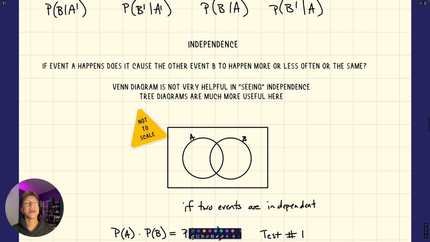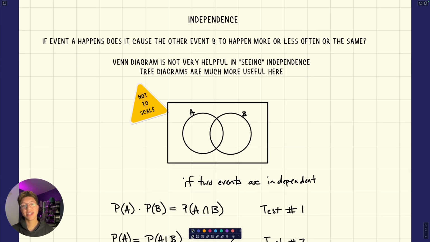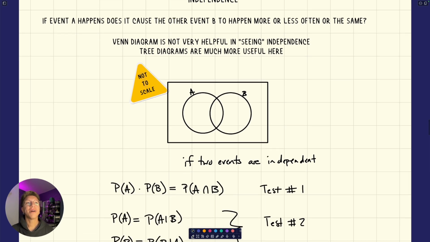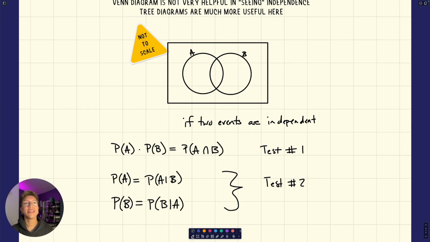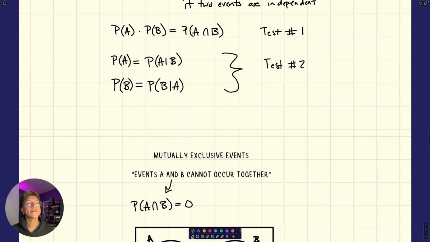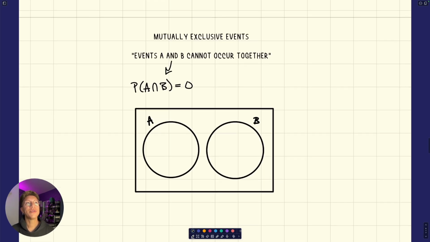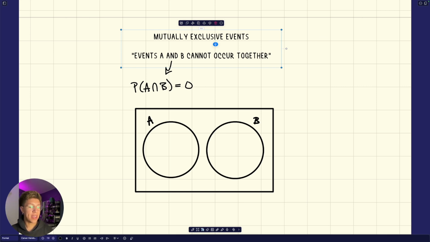Independence, as we talked about, is not very easy to see with a Venn diagram, but we gave ourselves 2 tests we can do to see if events are independent or dependent. And we're going to talk about this more later when we get into tree diagrams. And then finally down here we have mutually exclusive events. Mutually exclusive events are events that cannot occur together. And so we see that their overlap is actually going to be 0. These 2 circles are completely separate.